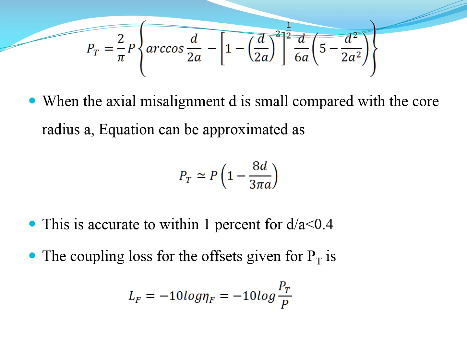So the coupling loss for the offsets is given as LF, that is fiber loss, equal to minus 10 log of the coupling efficiency or fiber efficiency eta F, which is also equal to minus 10 log of PT by P. PT is the total power and P is the power in the particular fiber.